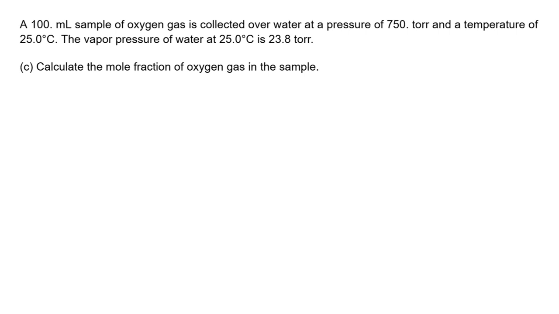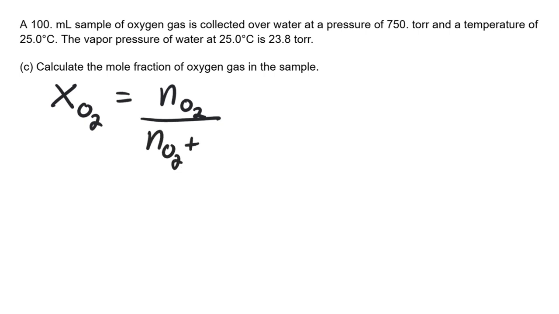Part C, calculate the mole fraction of oxygen gas in the sample. There are two ways we could do this. The first way is to use our mole fraction equation that says that the moles of oxygen gas divided by the total number of moles, which would be the moles of oxygen plus moles of water.